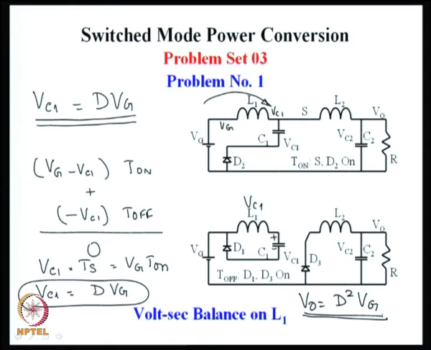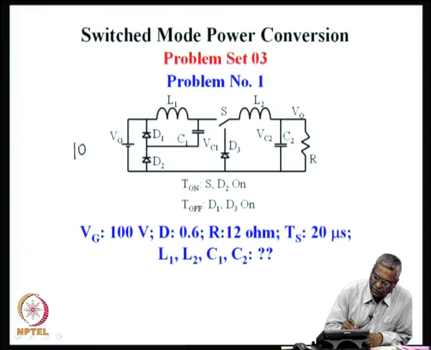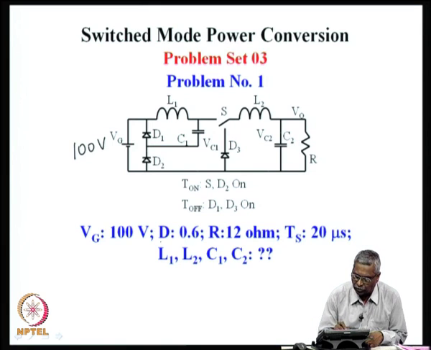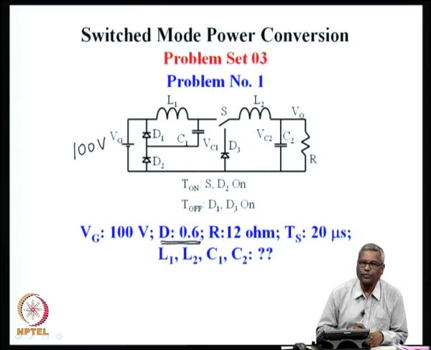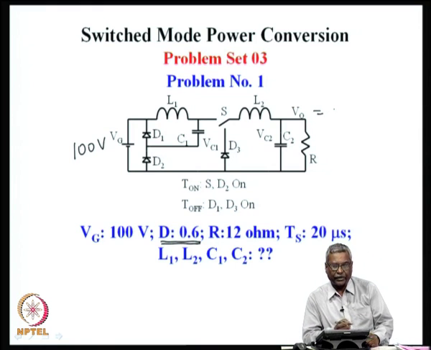What is the forward power conversion ratio? Now, supposing if Vg is 100 volts and duty ratio is 0.6, we can say that the output voltage V naught will be D square times input.